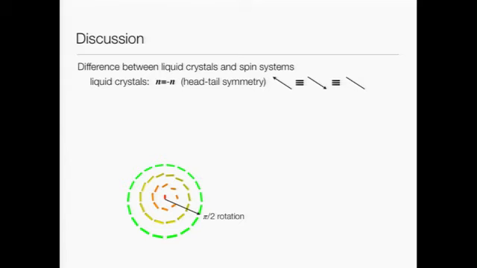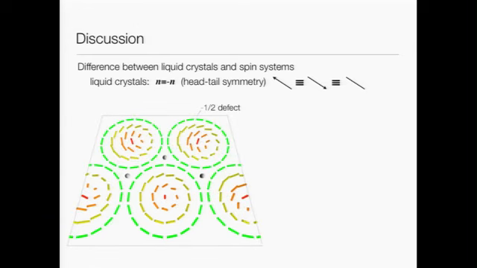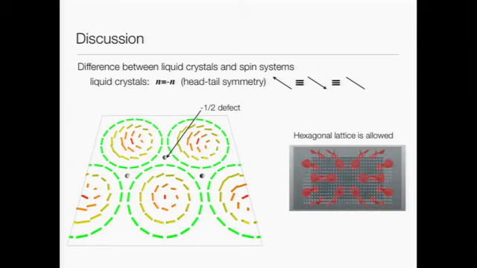When we want to arrange these skyrmions in a hexagonal manner, we can just place defects of winding number -1/2, and this is again what we observed in our simulations.